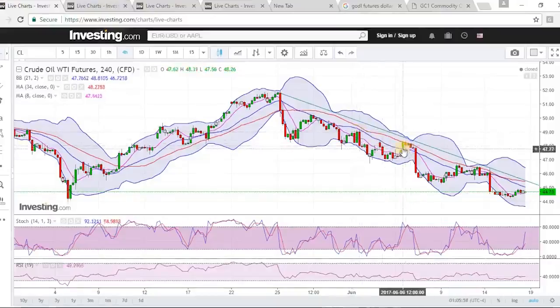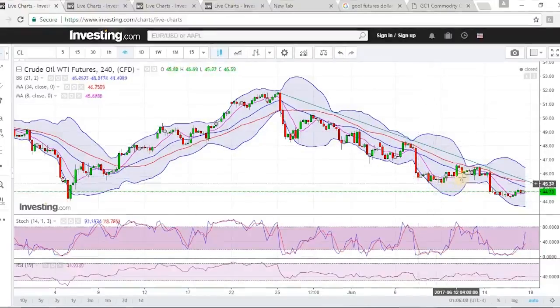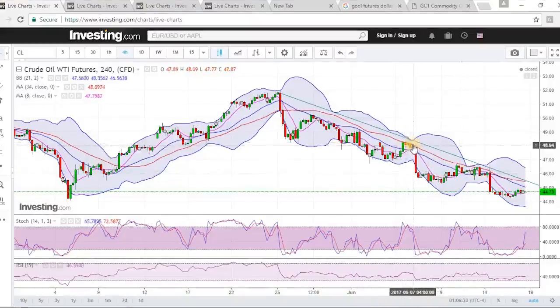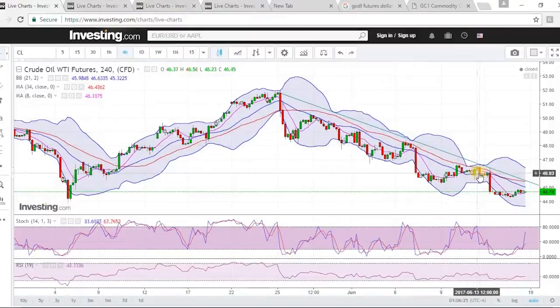But in the last up move, it actually went up to the 34 period moving average and then came down to a lower level. Now again, when we look to take short positions, it was wise not to take it at the mid-Bollinger level, because we knew that as the last time the market went to the 34 period moving average, it could be that this time also the market would reach the 34 period moving average.